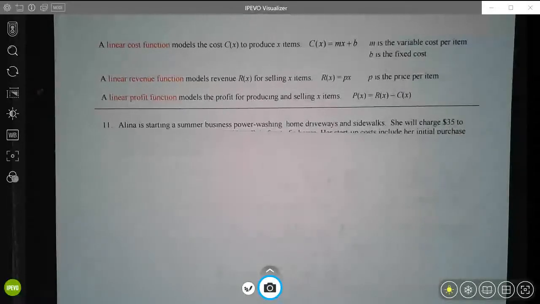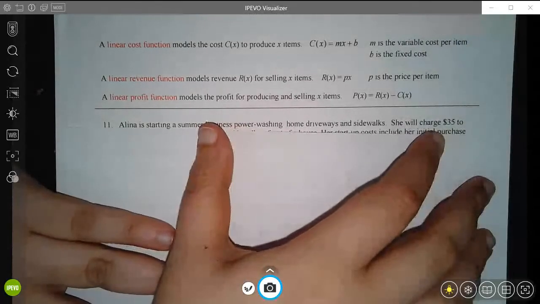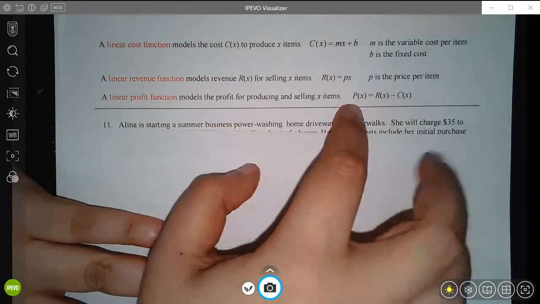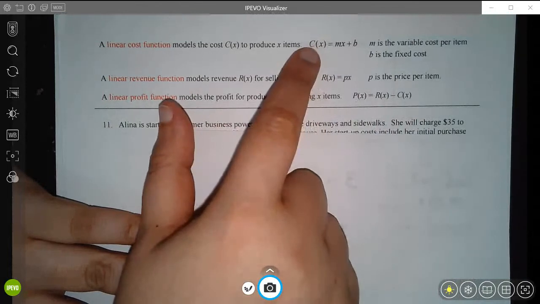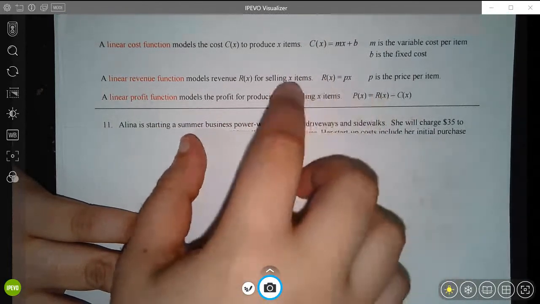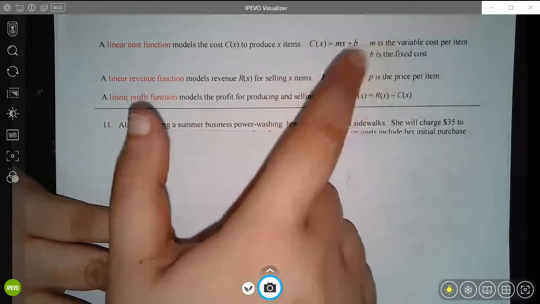Here you go. Okay. So what's the last thing you guys heard me say? Did you hear the profit part? No? Okay. So I was saying this is the cost, that's the revenue, and this is the profit. So profit is what you made minus how much it cost you to make the stuff you sold.